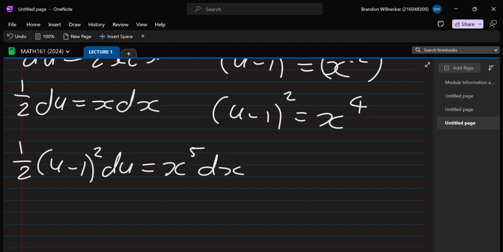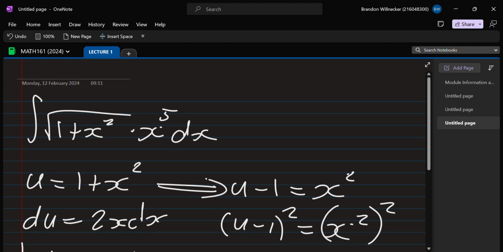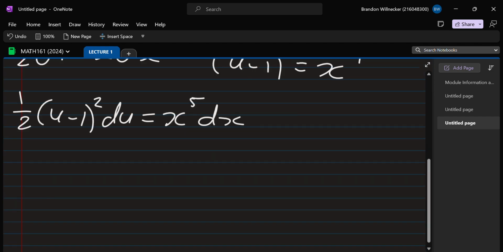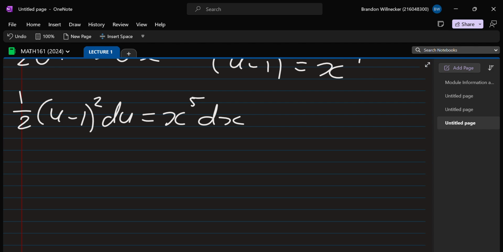Does everyone see what I did with that? Now, why is this good? Well, if we look back at the beginning, we wanted x to the 5 dx. Here, we've got our x to the 5 dx. And that left-hand side is in terms of u, so we don't have to do any more working with that.